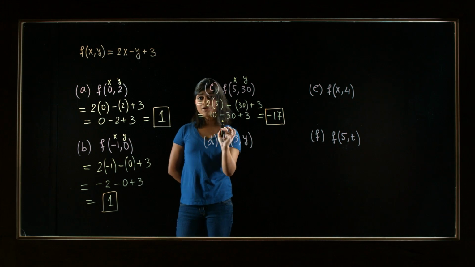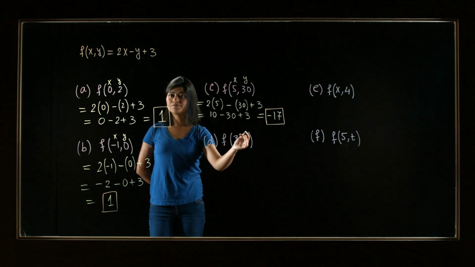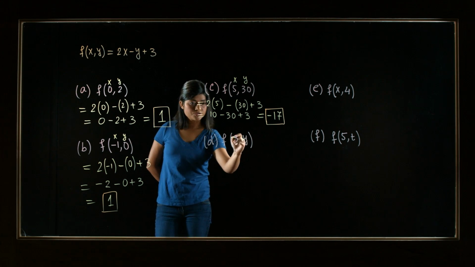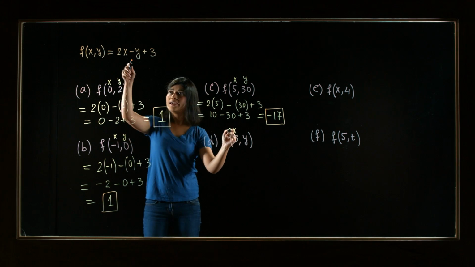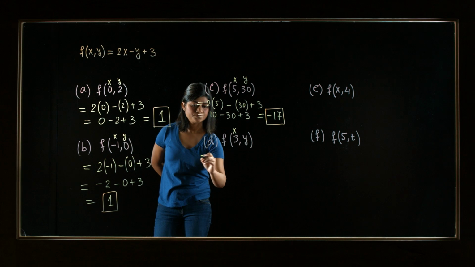Next one, we have to now figure out f of 3, y. So, there is no specific value for y, but we are just keeping y as y. So, the 3 is x. So, all we have to do is just plug in x equals 3 and keep y as it is, right.